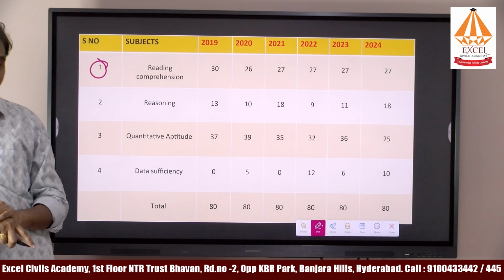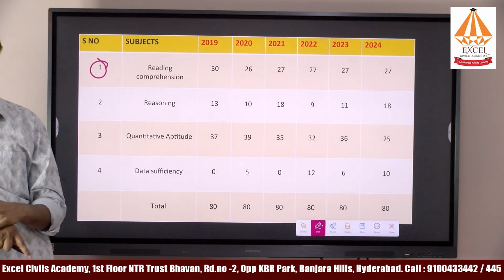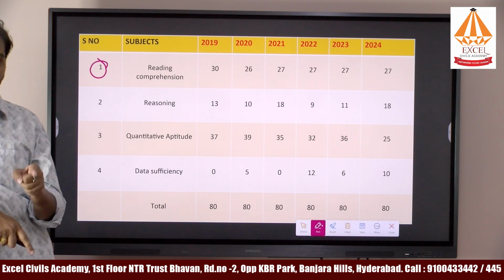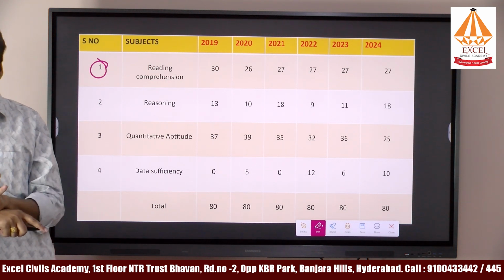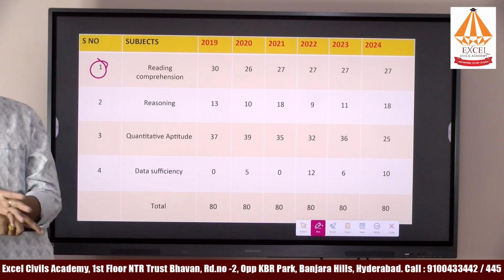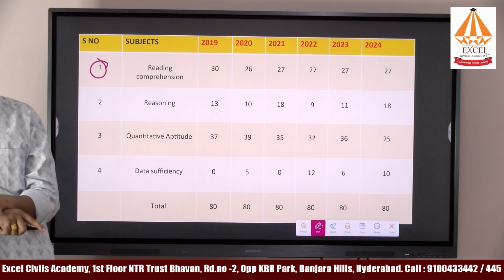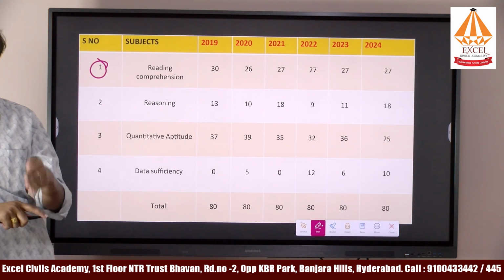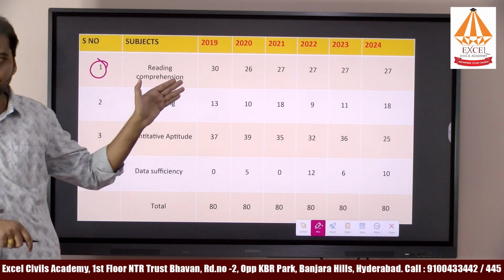The story is different before 2019 and from 2019. From 2011 to 2018, CSAT was not a big hurdle for UPSC aspirants. Most of the students qualified. The pass percentage was like 60%, but now it is only 30%. The reason is, earlier most of the questions were related to comprehension, that is before 2019.